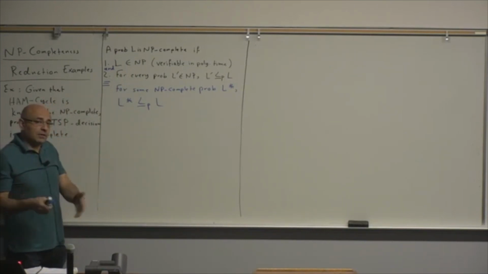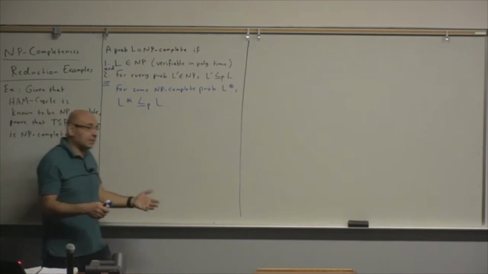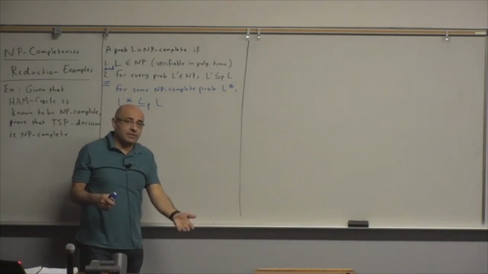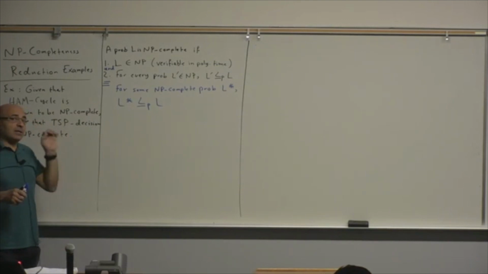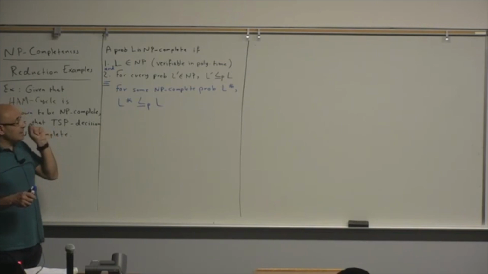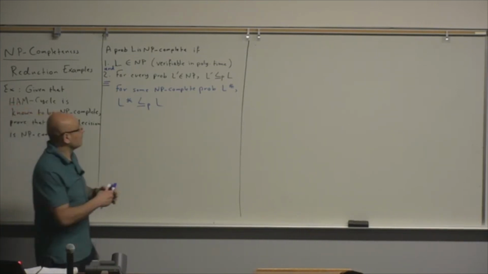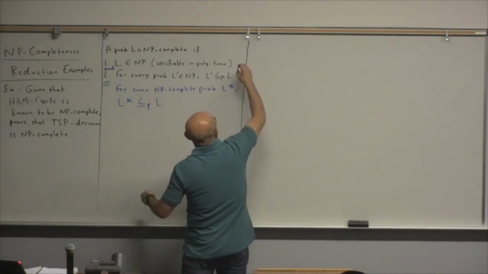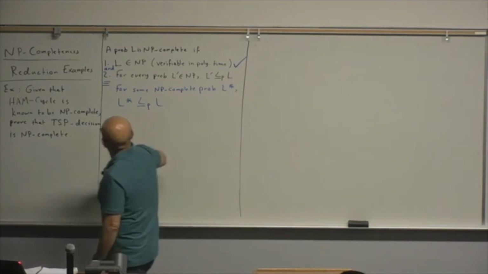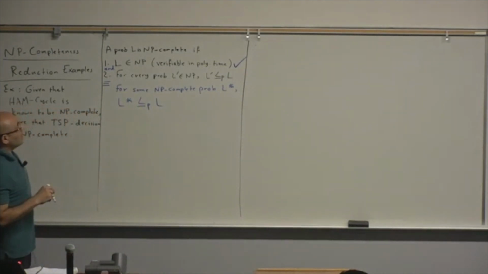You verify that all the vertices are valid, no repetition of vertices, and that the sum of edge weights on the proposed cycle is less than or equal to the given target. Okay? So now this part, we know it. So I'm not gonna write this down. I'm gonna leave it for you to write it down.